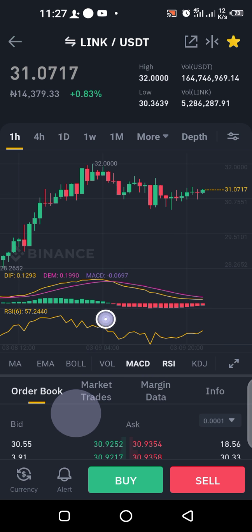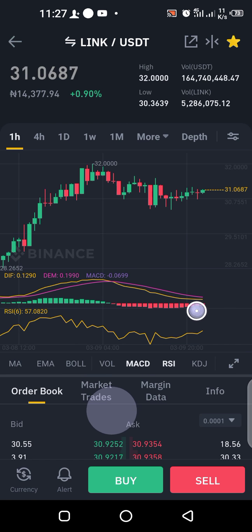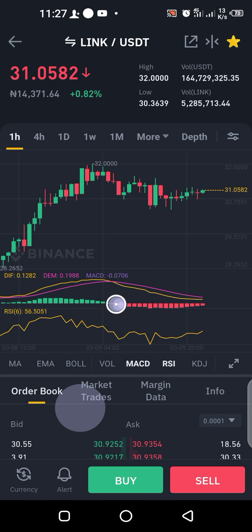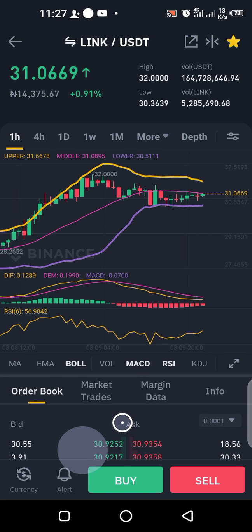Now you look at your MACD also. You can see the selling power is diminishing. This is what this MACD is telling us. You can see the red histogram saying the selling power is diminishing. You can see it's consolidating, just going in a straight line. Now if you look at the Bollinger Band, you can see the Bollinger Band is shrinking.